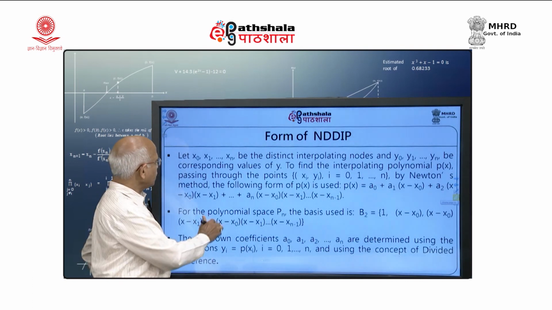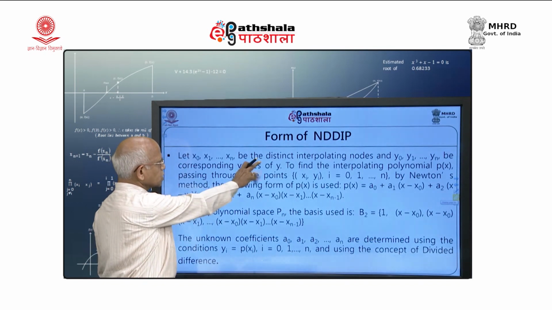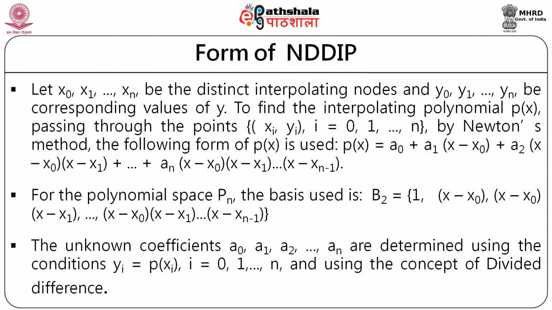Now, in Newton's divided difference interpolation, we take distinct nodes x 0, x 1, x 2, x 3, up to x n as earlier, with the corresponding values y 0, y 1, y 2, y 3, up to y n, and to find the interpolating polynomial p x passing through the points x i, y i, Newton's method uses the following form of p x.